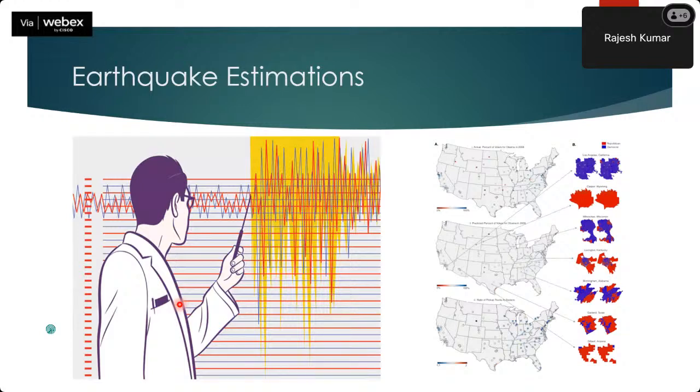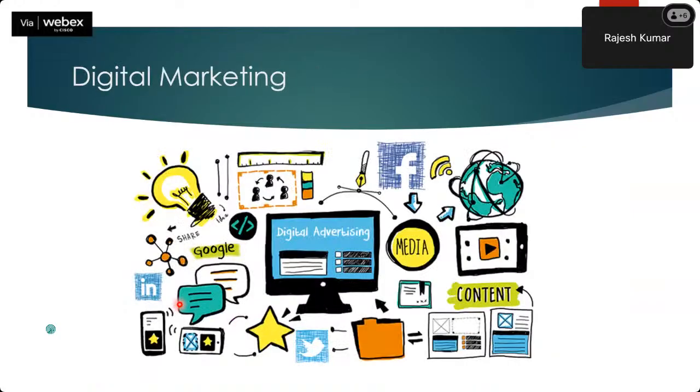Other approaches are earthquake estimations, the movement of earthquakes, the impact of earthquakes. Those studies are being reported in the literature. This area is full of it, and that is digital marketing. You'll see that this is being used in a very big way.